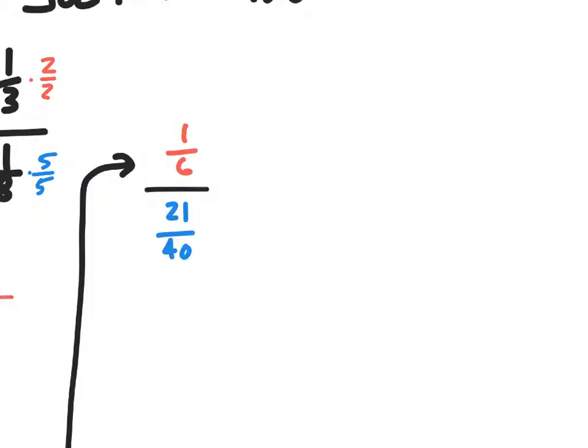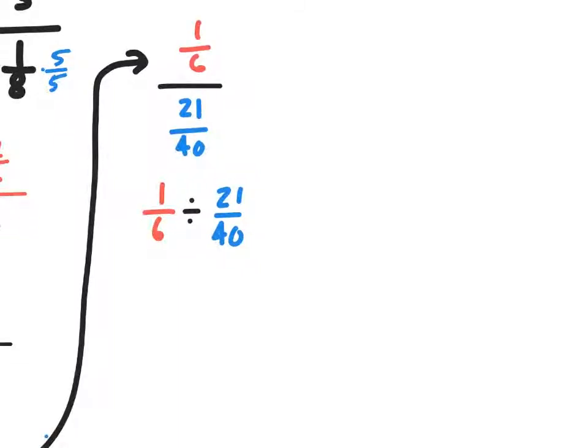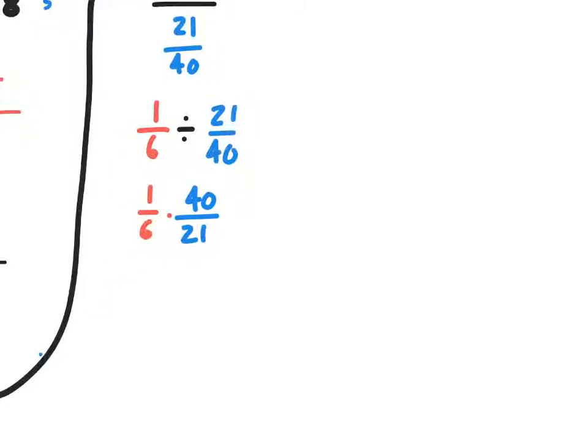This is the same thing as saying 1/6 divided by 21/40. And as a result, I'm going to write this as a multiplication: 1/6 times 40/21.